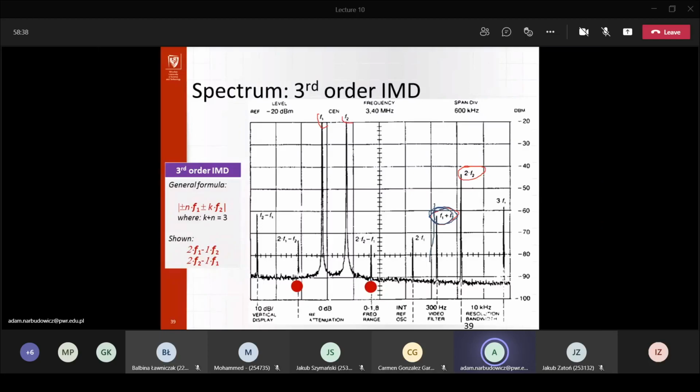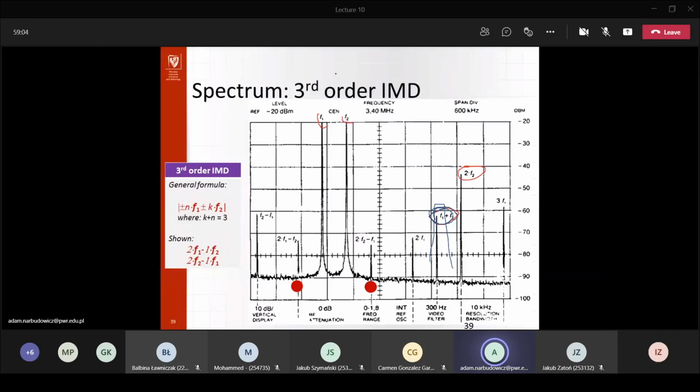This can be pretty much filtered out simply because it's the sum of the two frequencies, so it's nicely separated from the useful signals that you have here. So as long as you realize there's a problem, you can correct that with a filter. That's not an issue.